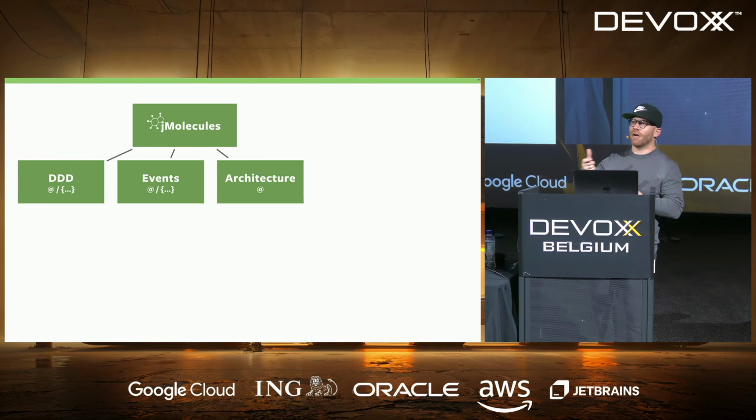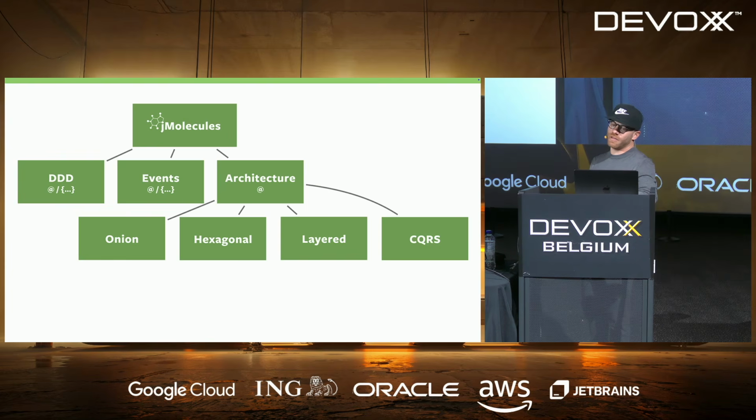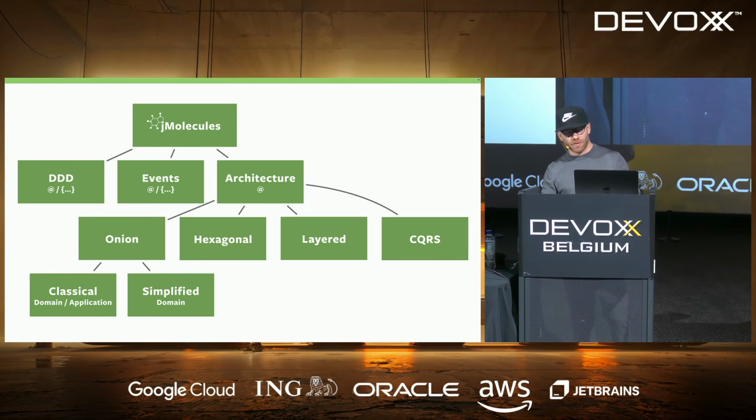So you can mark a class as domain event or event listeners, which are methods, so then it's not a class, it's a method. And then there's the entire world of architecture things where we currently have support for Onion, hexagonal, layered architecture, and CQRS systems. And Onion is available in 2 different flavors because there's been discussion amongst the team about what would be the better approach here.